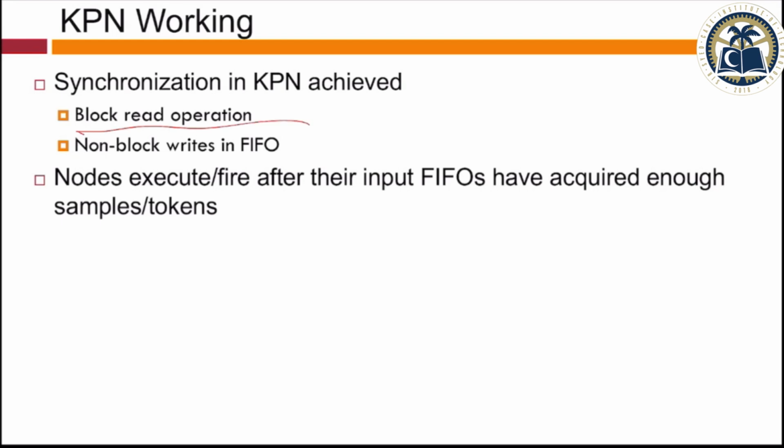So this is a simple concept of FIFOs: whatever you are generating, you keep putting in a FIFO, and let the FIFO fire the next node once it has enough samples.